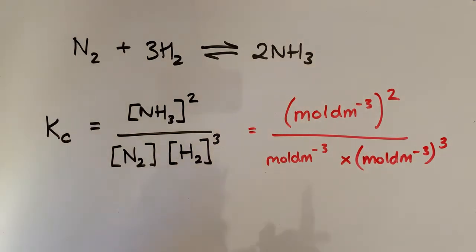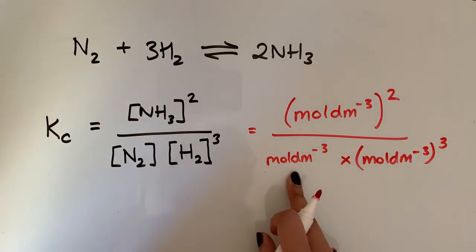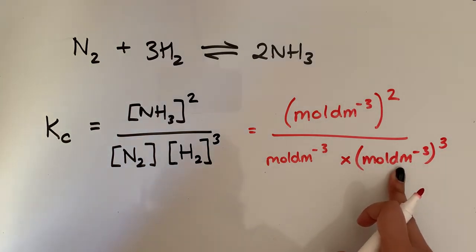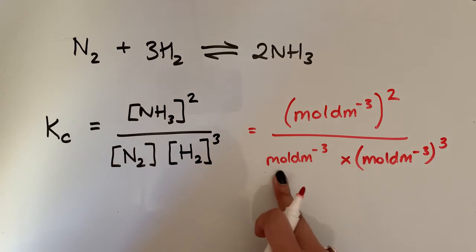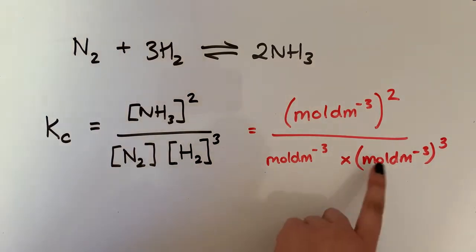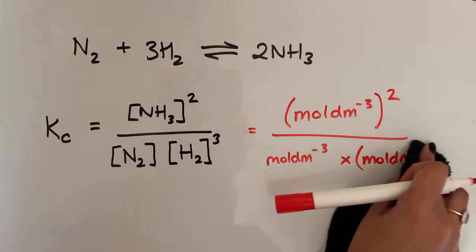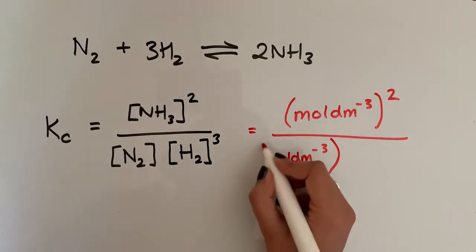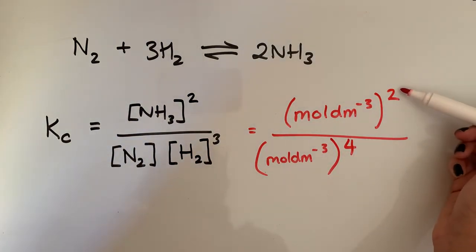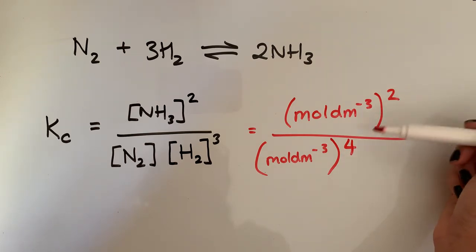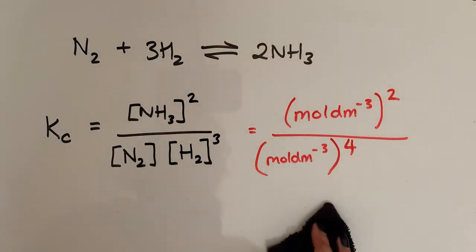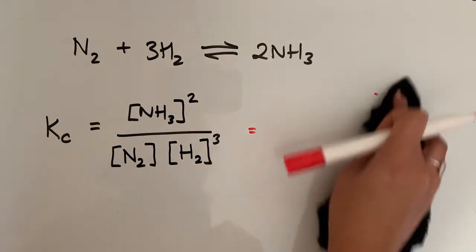If you then simplify the bottom part, 1 lot of that times 3 lots of that, 1 multiplied by 1 raised to the power of 3, I can simplify that to 4. So the bottom part is raised to the power of 4. And if you remember the rules of indices, if you're dividing them, you do 2 minus 4, and that's going to give you minus 2. So there's a little bit of maths here.